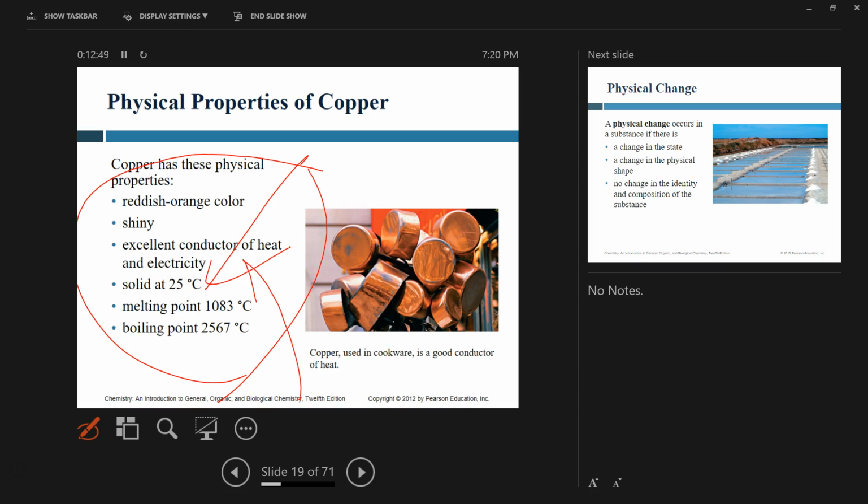If you put copper outside, like you build a copper statue, it's going to get tarnished. So that's a chemical property. Copper interacts with oxygen much more intensely than gold does. Does that make sense? So that's the difference between chemical property and physical property. All right? Now, at this point, we're going to pause.